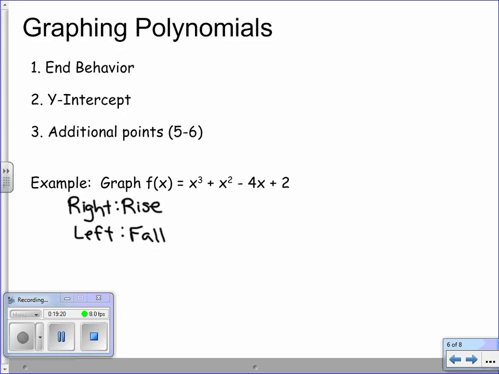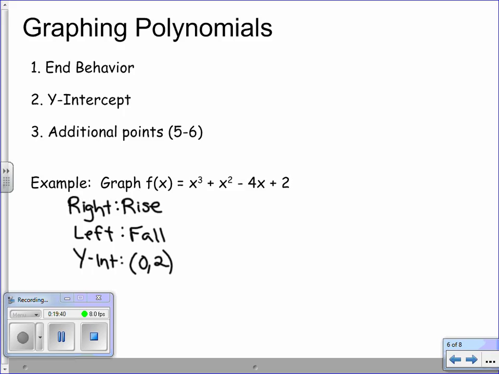Okay. So we are just going to hone that skill of identifying degree and leading coefficient. What's the y-intercept of this polynomial? It's at 2, and you saw in that activity, I always wrote my y-intercepts as 0, 2, because it's really an ordered pair.